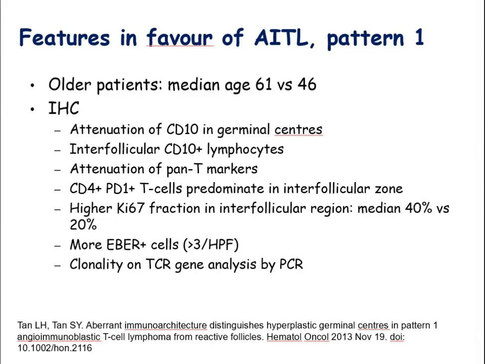The T-cell population may downregulate pan-T markers such as CD2, CD3, CD5, and CD7, whilst CD4 positive, PD1 positive intrafollicular T cells move out into the interfollicular zone, which displays a higher proliferation fraction. Increased numbers of EBV positive B cells are seen, and PCR will show clonal rearrangement of T-cell receptor genes.